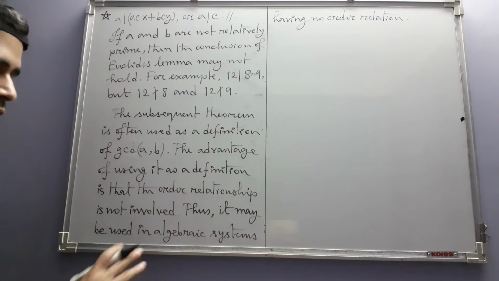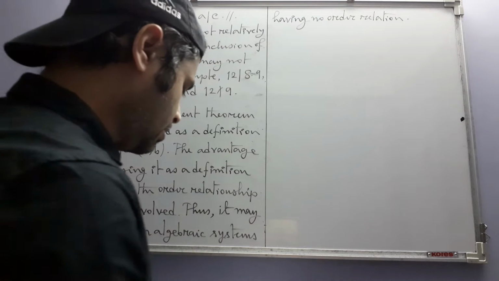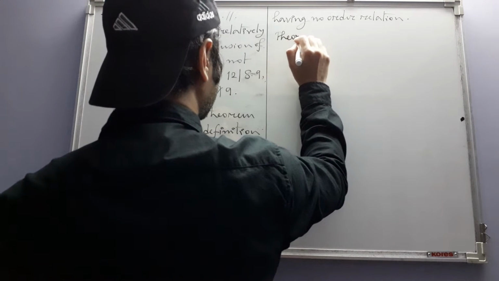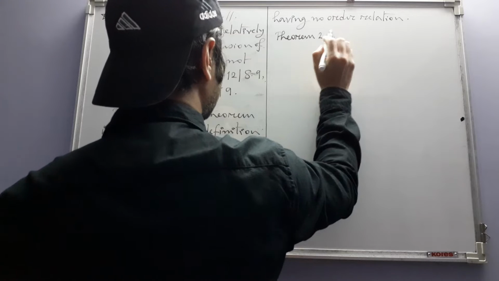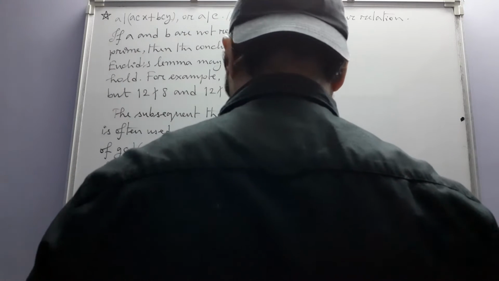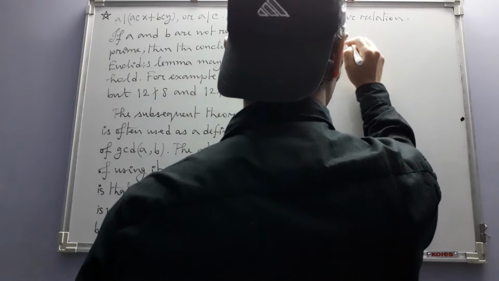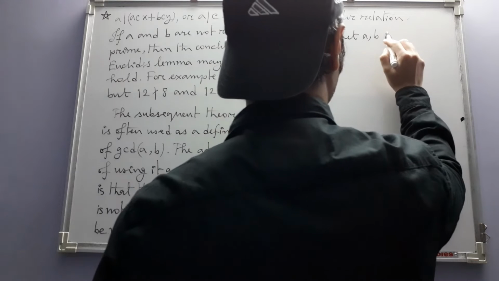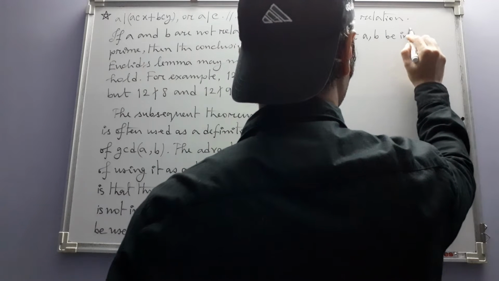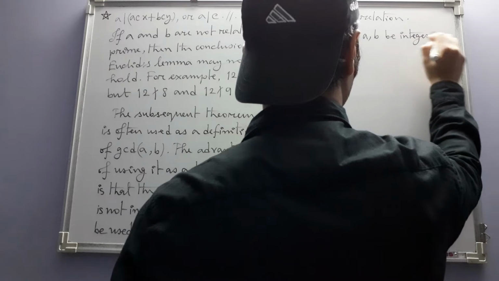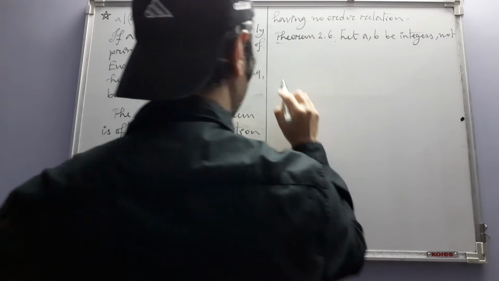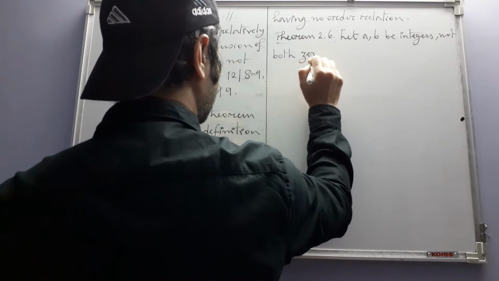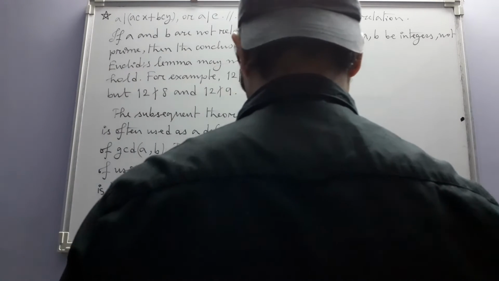Now, before we see what these things mean, let's just see the statement of the theorem. This is the last result of this section. Let a, b be integers, not both 0, at least one of them is non-zero.